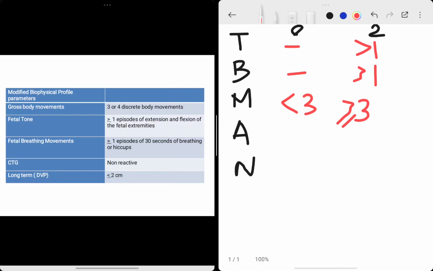So TB, meningitis, always. A for AFI. So here AFI is measured in terms of the deepest vertical pocket, DVP.